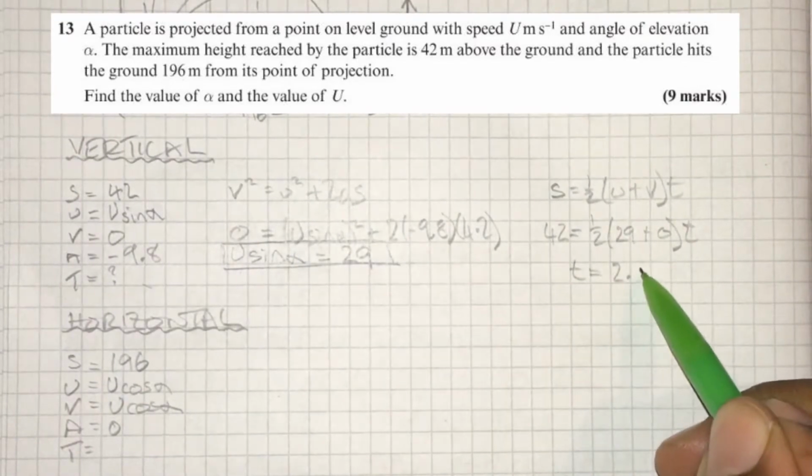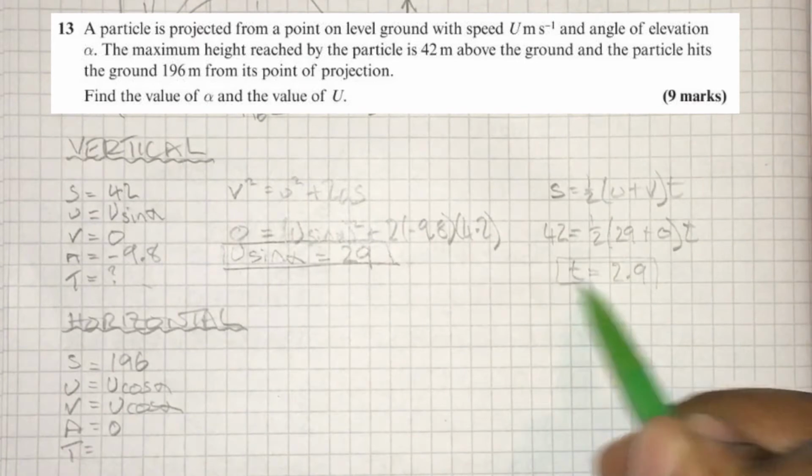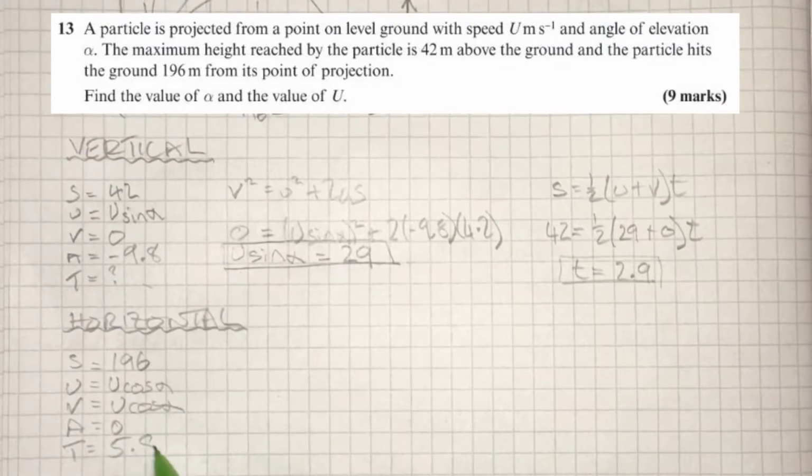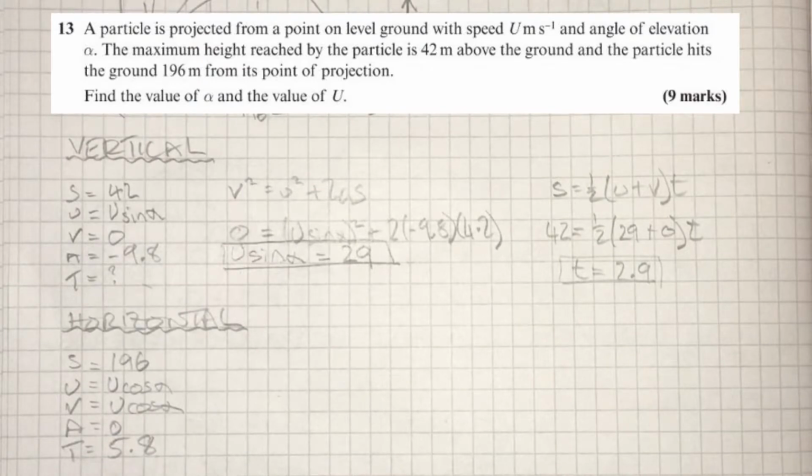Rearranging, t equals 2.9 seconds. So if it takes 2.9 seconds to get to the maximum point, it will take another 2.9 seconds for the particle to get back down to the ground. And we'll use 5.8 for our time variable.